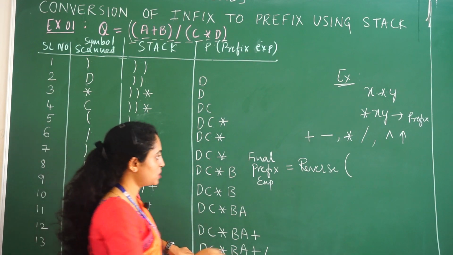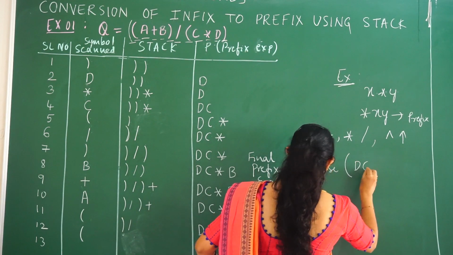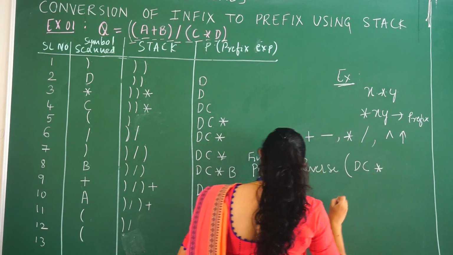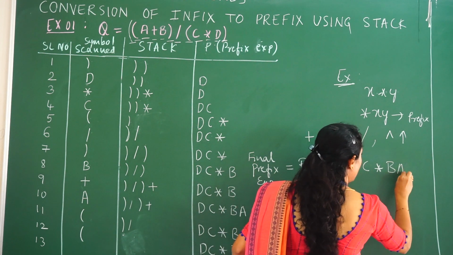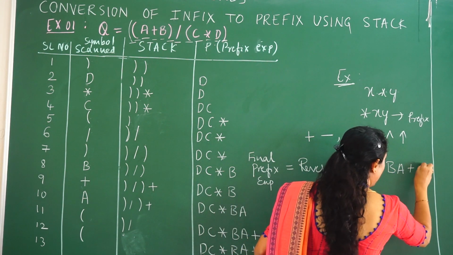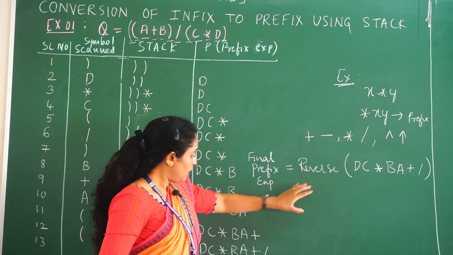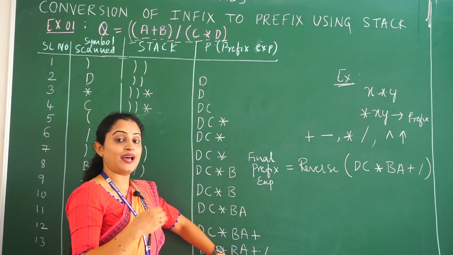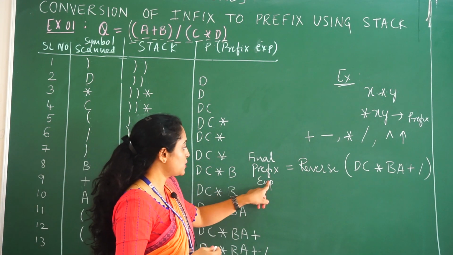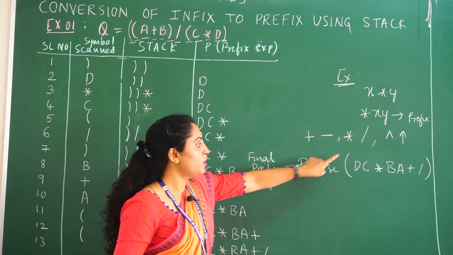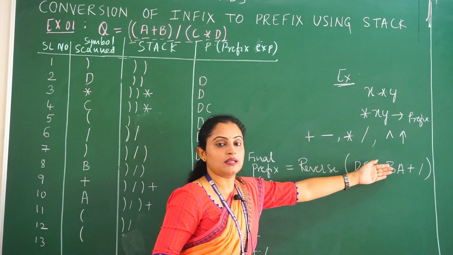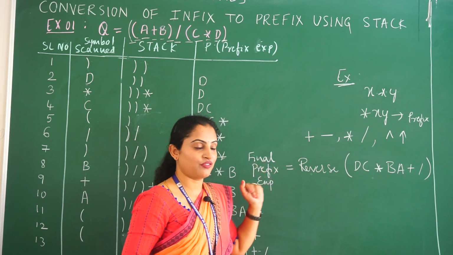So what is the obtained expression? That is D C asterisk B A plus and division. So when we get the final expression, that has to be reversed. So the final prefix expression is equal to reverse of the obtained expression. Now let us reverse this expression, then we are going to get the prefix expression.